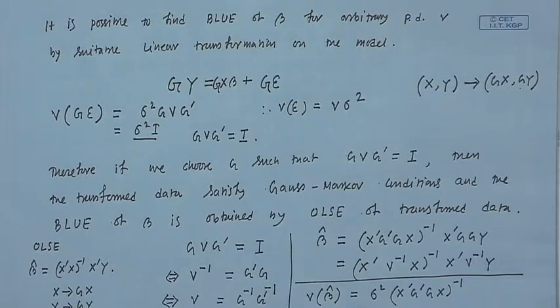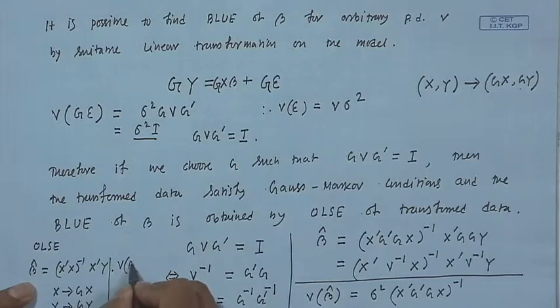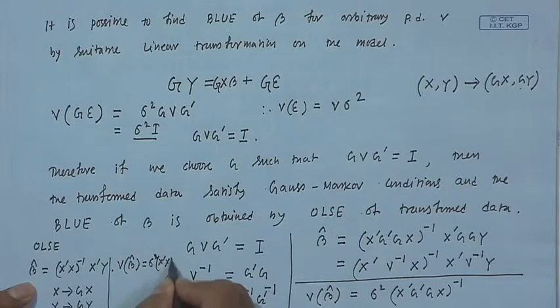This is the same as before: in case of ordinary least square we had the variance of beta hat equal to sigma square X prime X inverse.